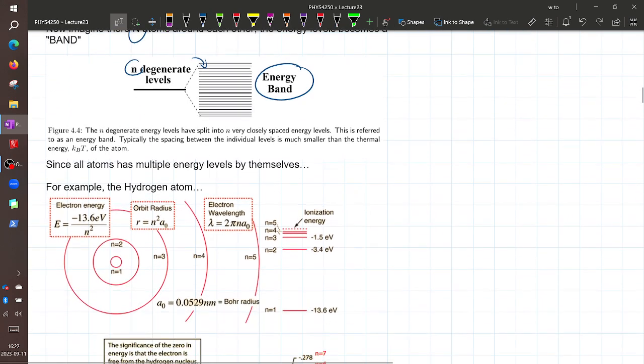The other thing is that each atom doesn't just have one energy state for its electron. It could have different energy states for its electrons in different orbits, okay? This is why the Bohr model is useful, where in the higher and higher orbits you're further and further away from the nucleus, and therefore you have a smaller magnitude in potential energy, or a higher energy.